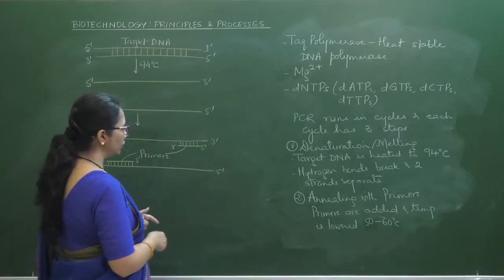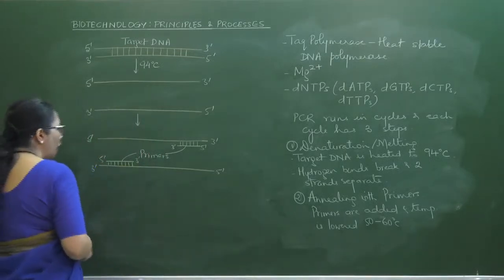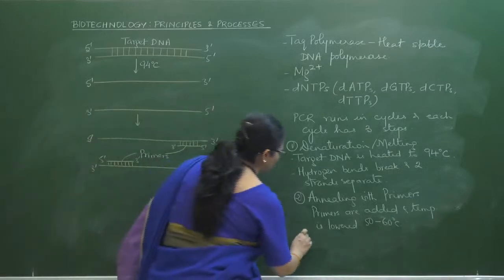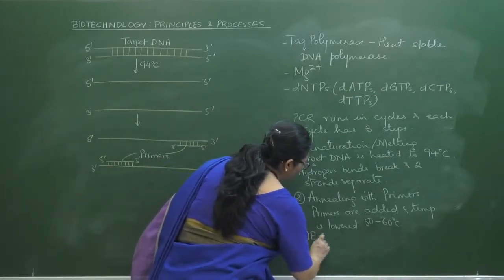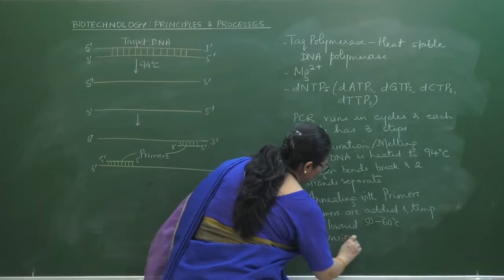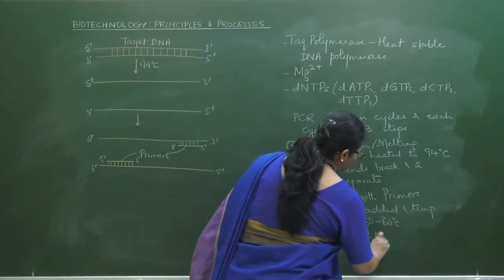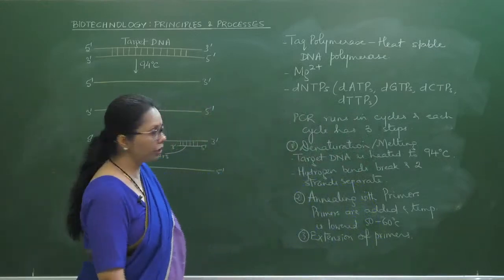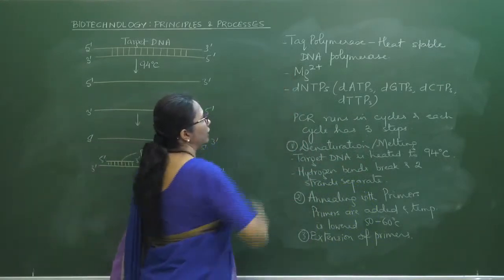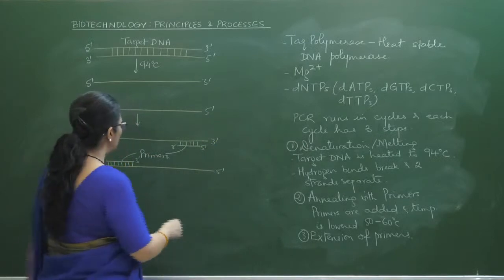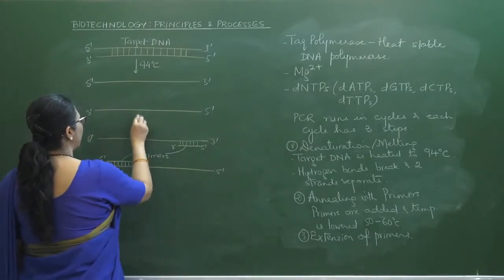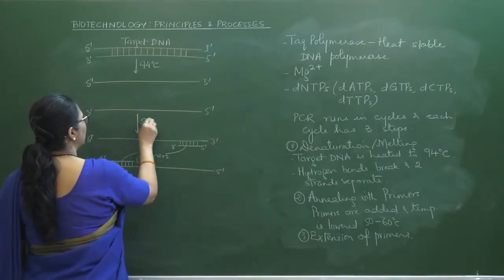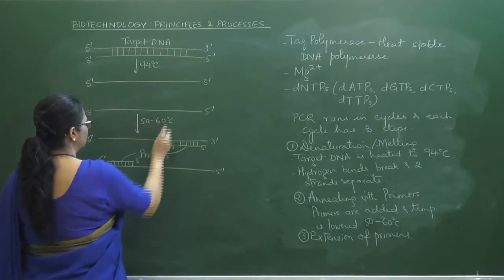Now comes the third step, that is extension of primers. For this extension, we require Taq polymerase and dNTPs. The annealing of the primers was done at 50 to 60 degrees Celsius.